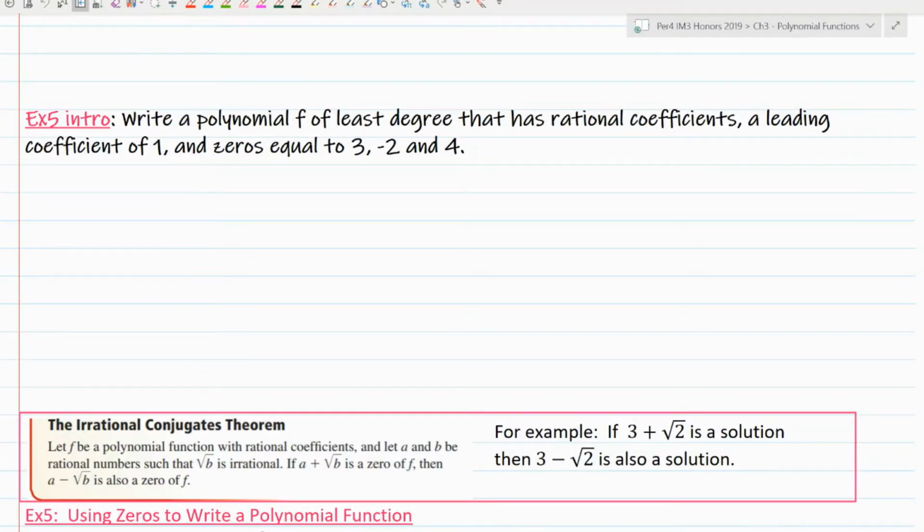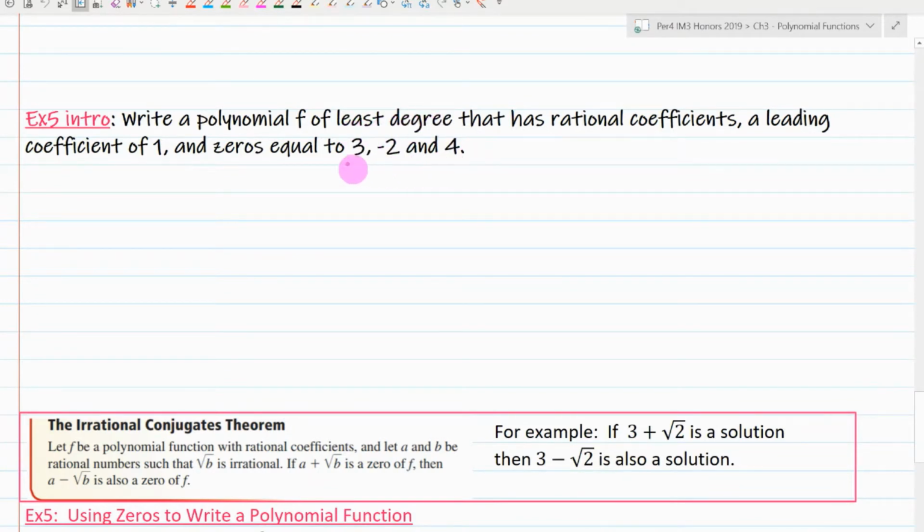We are in section 3.5, and we're going to be writing equations of functions, and they're going to give us the zeros. So all of this stuff is a little bit more technical. It's just saying write a polynomial f, so our function is going to be called f of x, of least degree, because there are more than one.